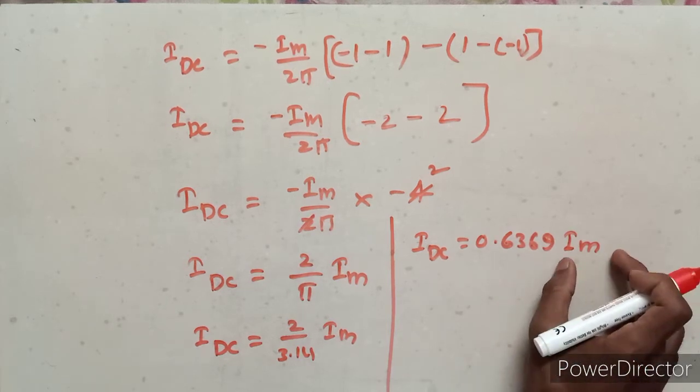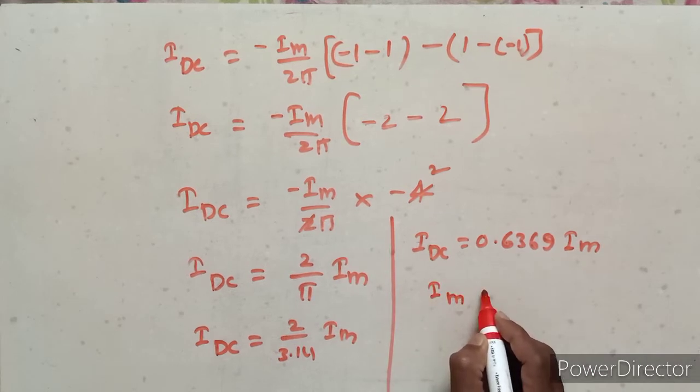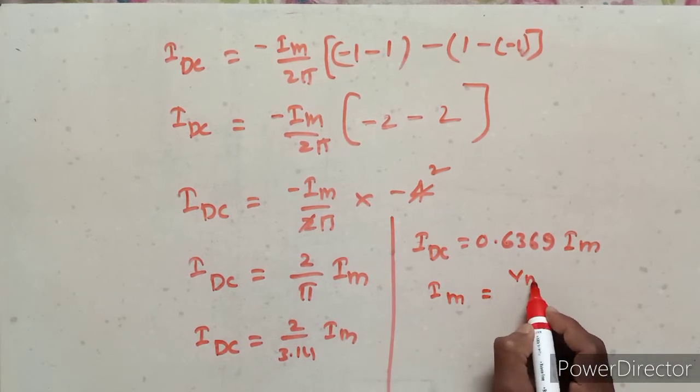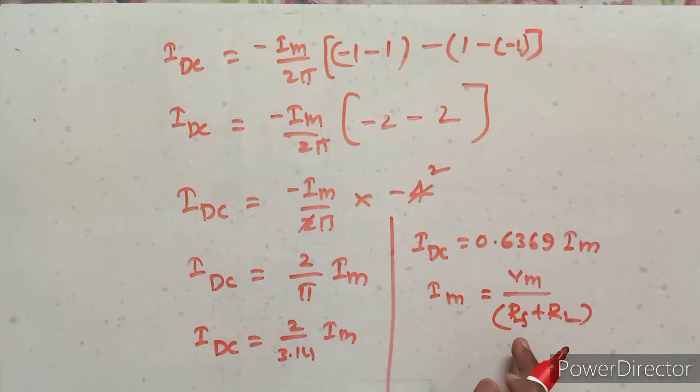But we know that the maximum current value equals Vm upon Rf plus RL. This value is substituted in the above equation.